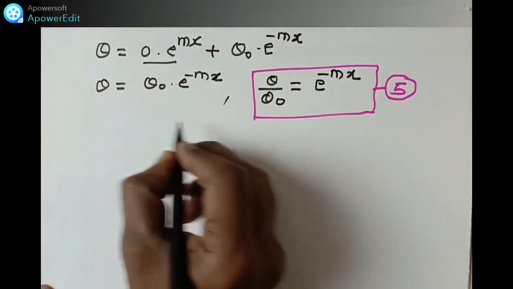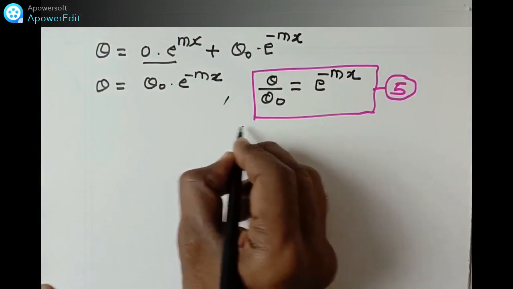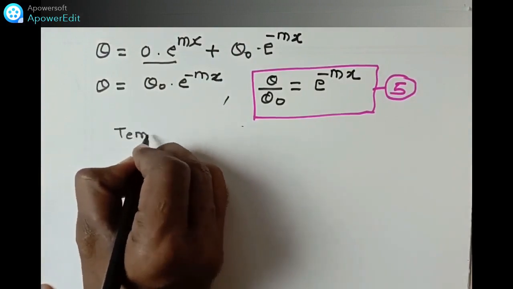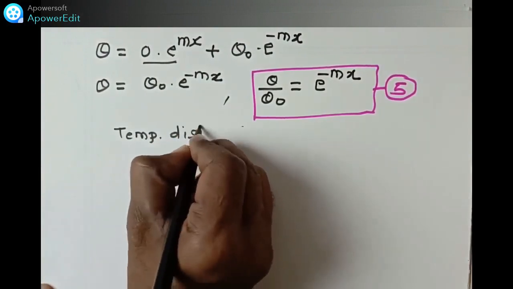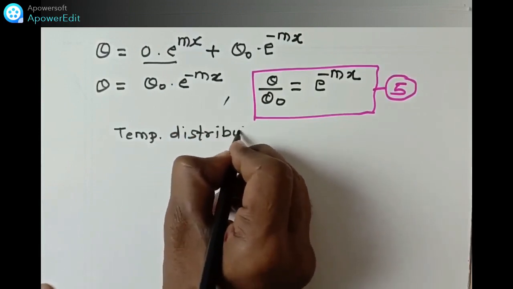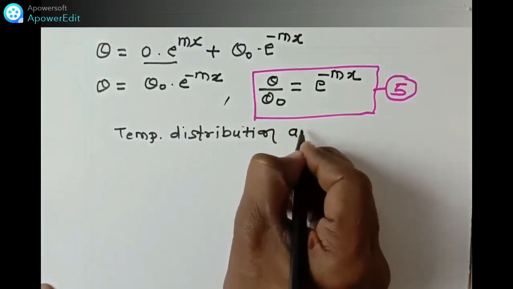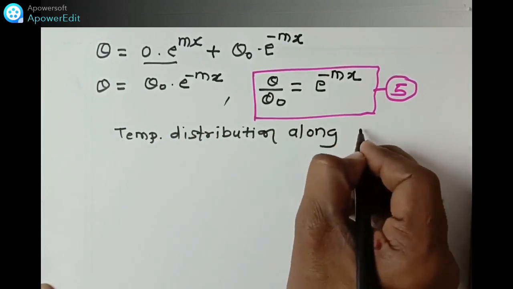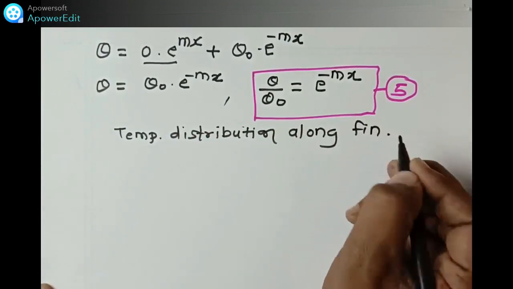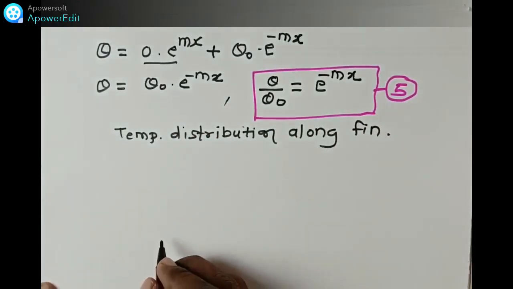Now this is the temperature distribution. This equation is the temperature distribution along the fin, that is, an infinitely long fin.